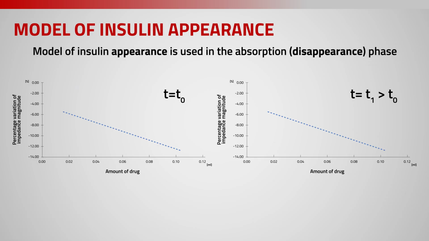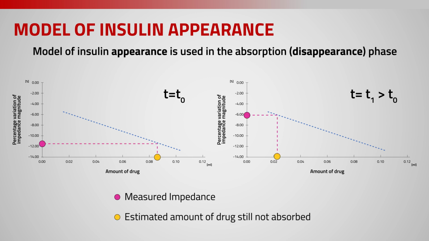In this slide, we can see how to use the relationship built during the injection phase for estimating the amount of drug absorbed. After the insulin injection at the time t0, an impedance measurement detects a percentage variation of minus 12% with respect to the impedance value before injection.